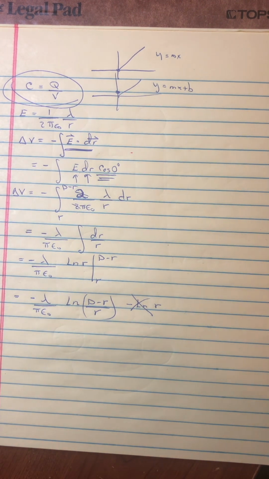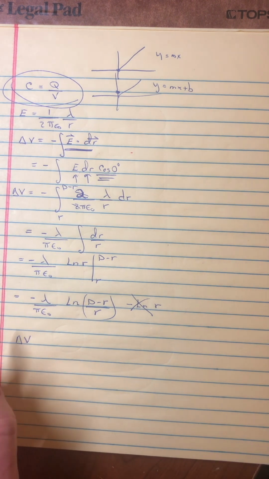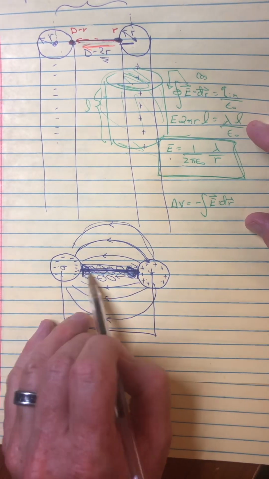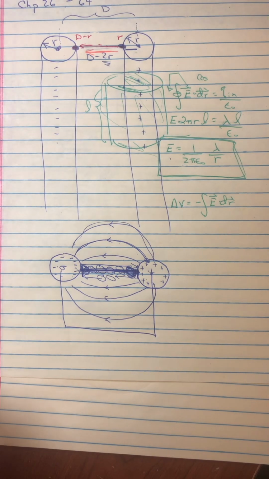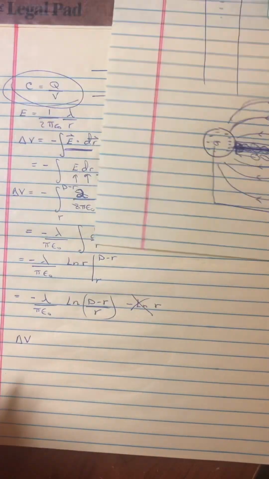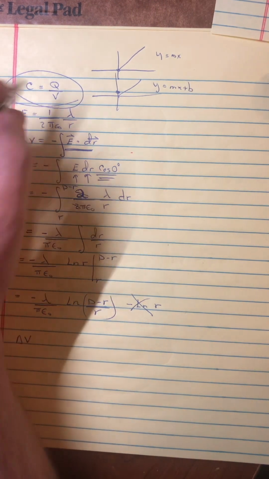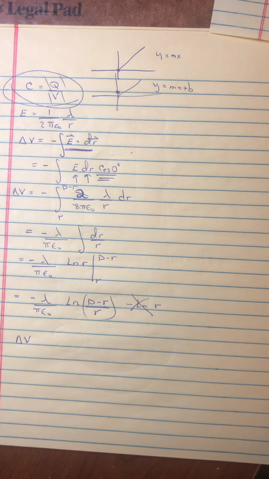Now, I might also do one more thing. Technically, this is the change in voltage. And of course, you can see I went with the field, and the field going from positive to negative is a decrease in potential, so it doesn't surprise me that this is a negative number. But when we do capacitance, we often say, what is the absolute value of the voltage between them?